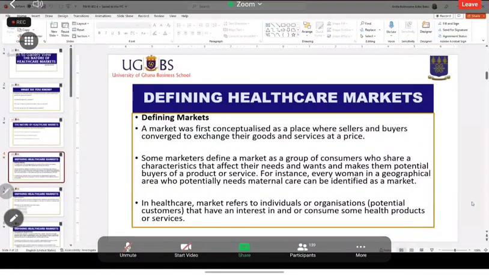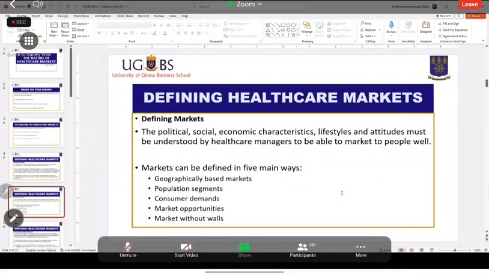We could also have insurance companies that have an interest in and also help their subscribers to purchase healthcare products. So that is where they also become of interest when we are talking about healthcare. And so in trying to define a market, we can look at it from political, social, or economic characteristics of life or lifestyle or attitudes.